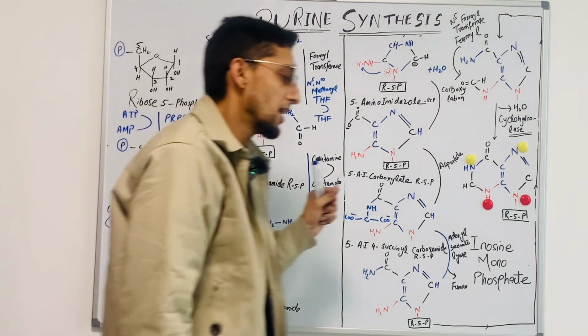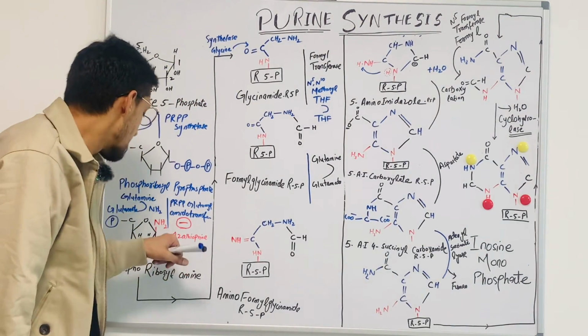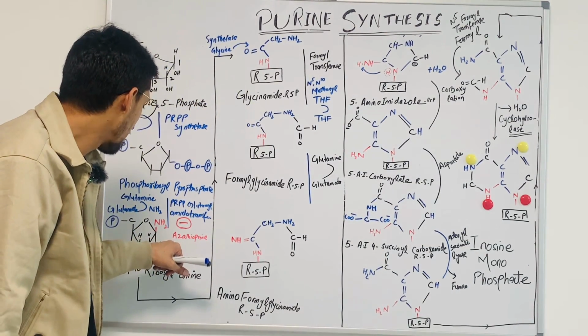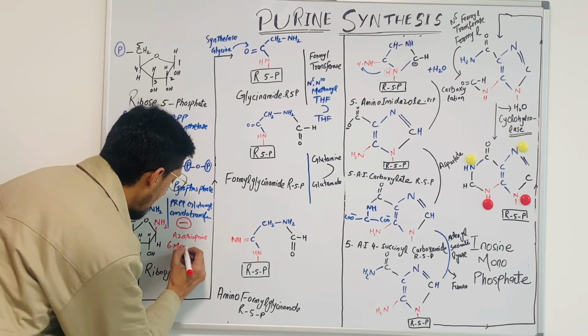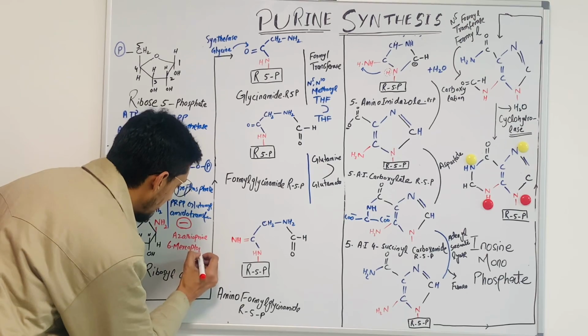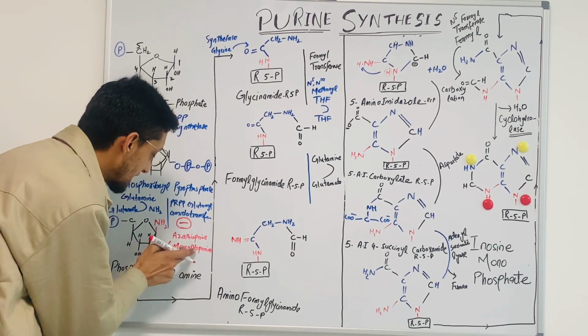Right? The azathioprine is an immunosuppressant, right? So azathioprine and 6-mercaptopurine. Basically, this azathioprine is a prodrug of 6-mercaptopurine.